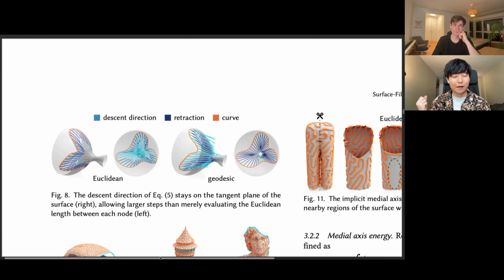As you can see, our piecewise geodesic representation allows us to converge faster compared to piecewise Euclidean distances.